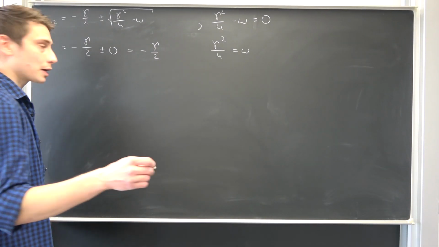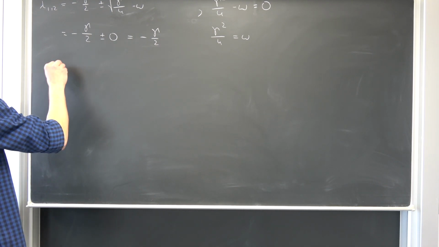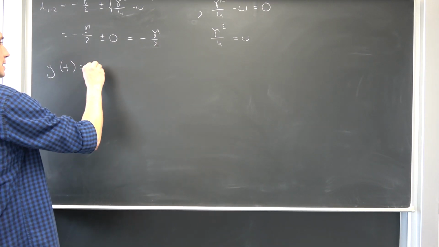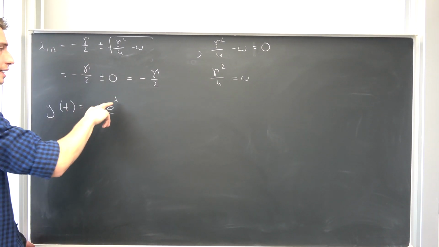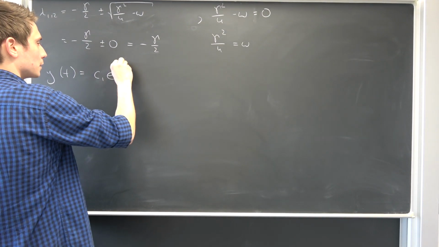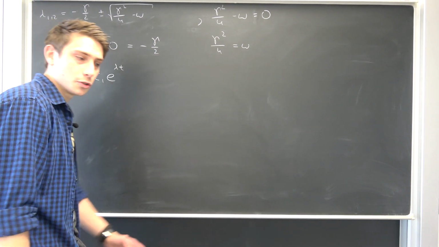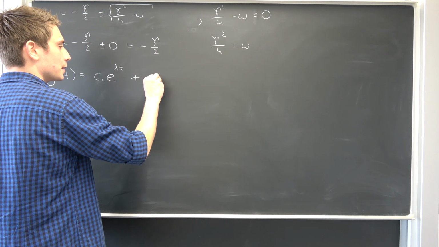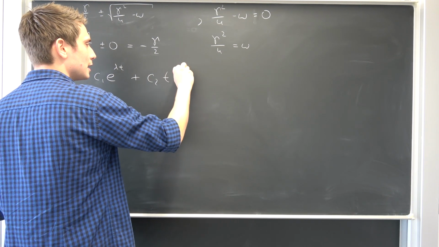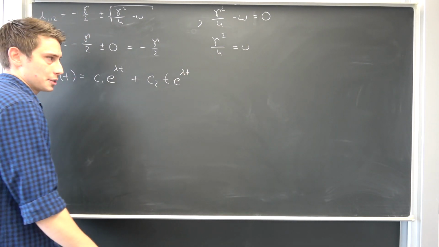Okay, we are going to take a look at the first solution. So y of t can be constructed as c1 times e to the lambda t, since our 2 roots are the same, and now we are going to do some black mathematics and say our second solution is nothing but c2 times t times e to the lambda t.